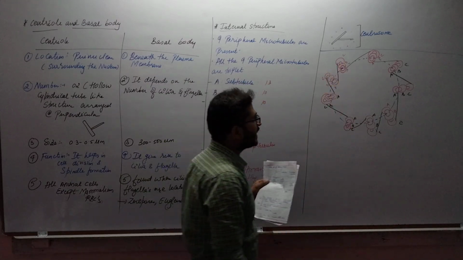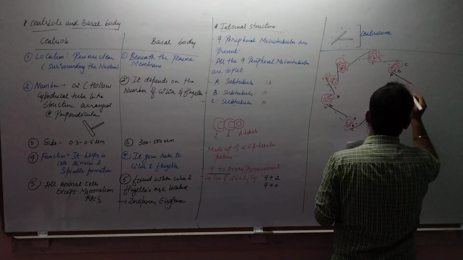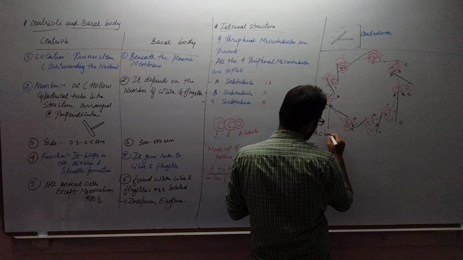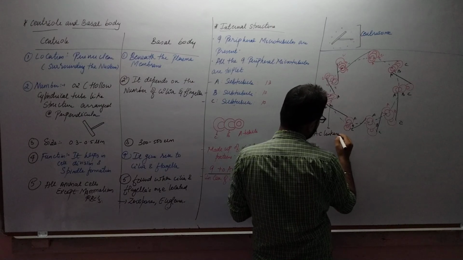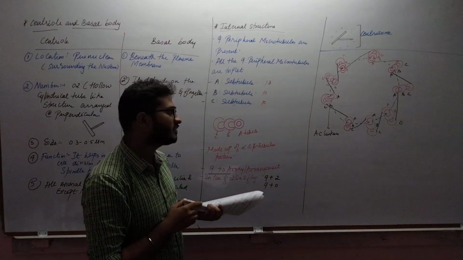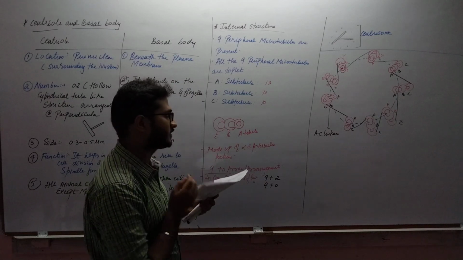A and C are connected via the structures which are labeled as AC linkers. In the structure of the cilium and flagellum it was AB linkers. Here it is AC linkers.